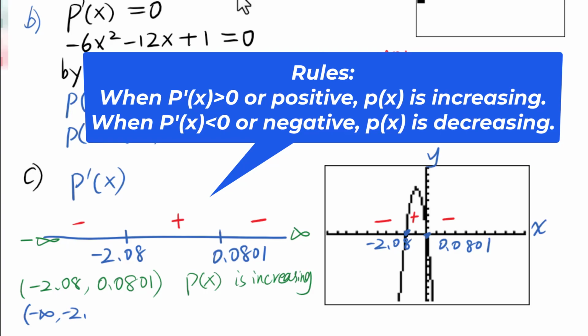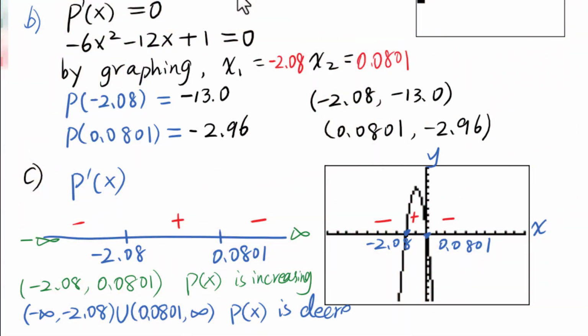From negative infinity to negative 2.08, union 0.0801 to infinity, p of x is decreasing. You can predict a graph like this, decreasing, then increasing, then decreasing.